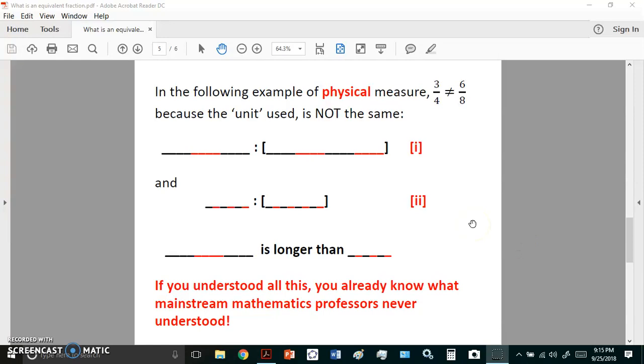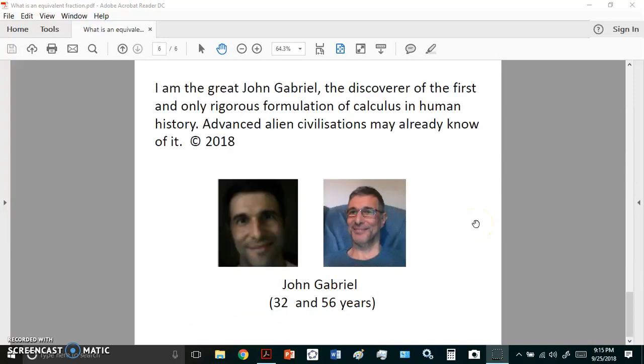So go over this again, hit the pause button, and try to understand everything I've told you. It is vitally important to realize these facts, because without the knowledge of these facts, you can never fully understand what is a number. And if you don't know what is a number, you have no business doing mathematics.